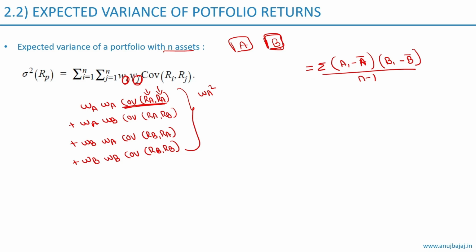But because we are calculating the covariance of asset A's return with asset A, we can replace B with asset A.